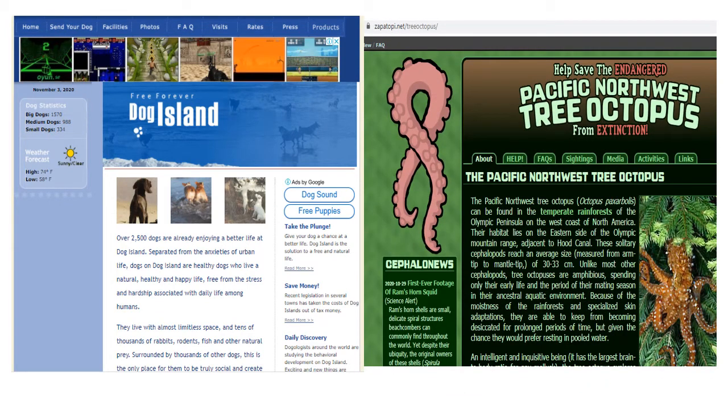Okay, here I have another web entitled Help Save the Endangered Pacific Northwest Tree Octopus from Extinction. You can see here we have a picture of a tree with octopus-like shape. So what do you think about this website? Is it a real site or a spoof? What is your answer? Right, the information provided in the second website here is also a fake.